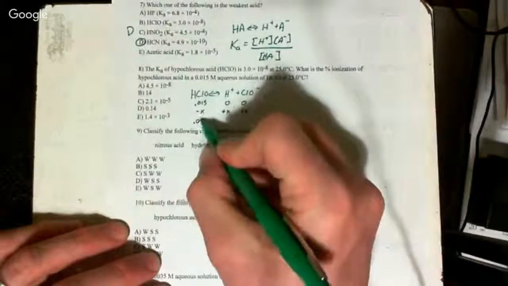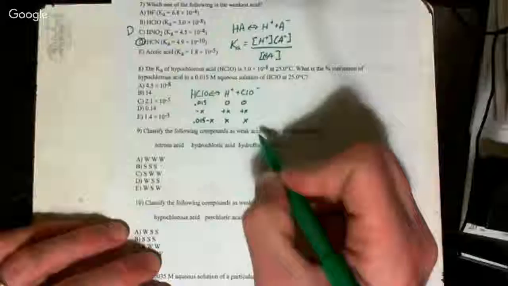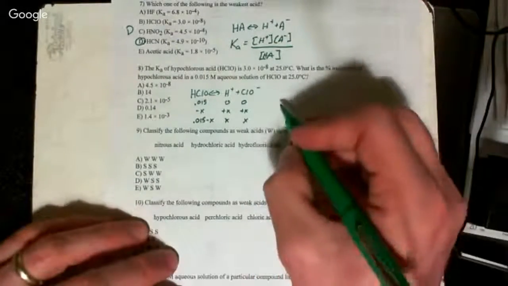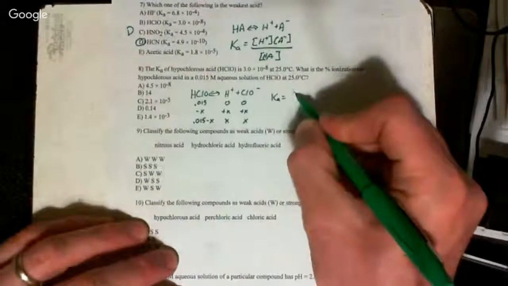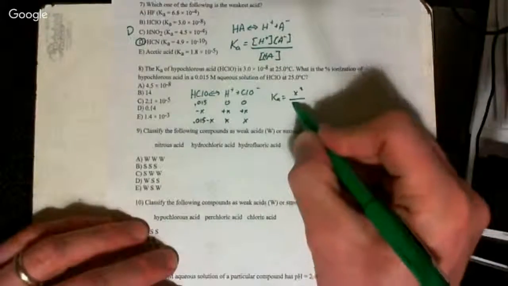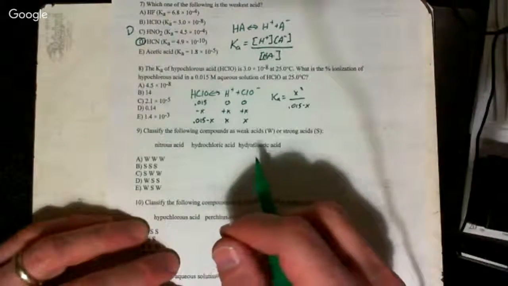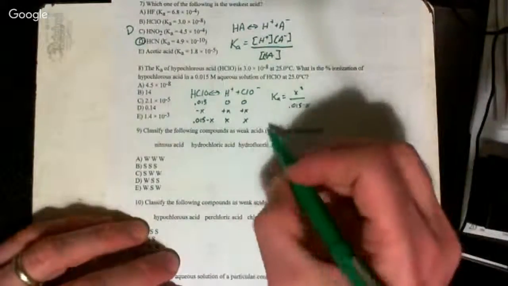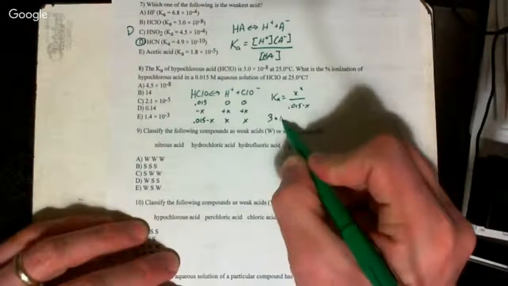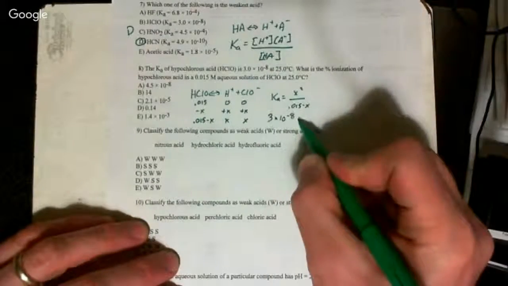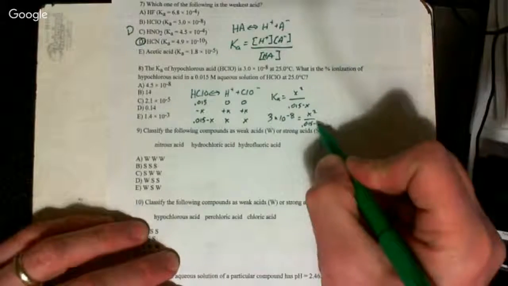This just shows up again and again in these types of acid-base problems. Then we can write the expression Ka is equal to x squared over 0.015 minus x. Now it's really just a math problem in terms of figuring out what x is. I'm going to take 3 times 10 to the negative 8th equals x squared over 0.015 minus x.